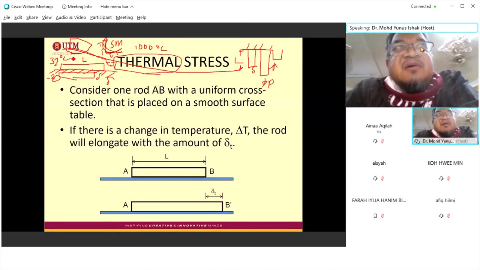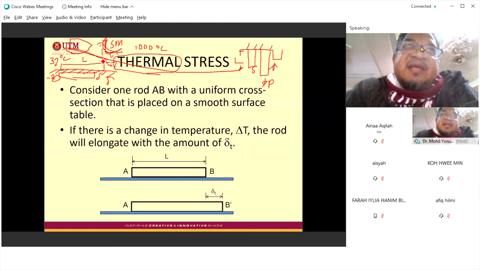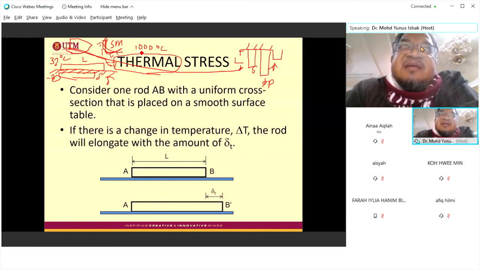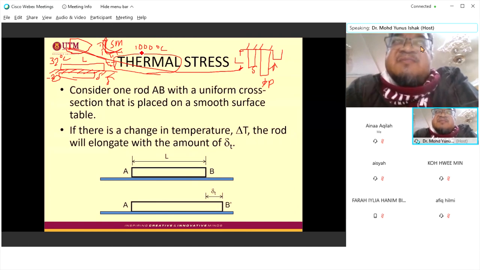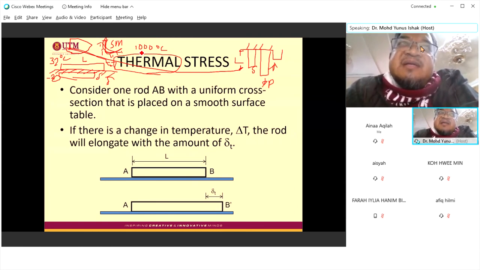During the summer or during the process of this factory, sometimes you increase the temperature. What happens to this equipment? Does it elongate? If you increase the temperature for your kilang, what happens to this container?